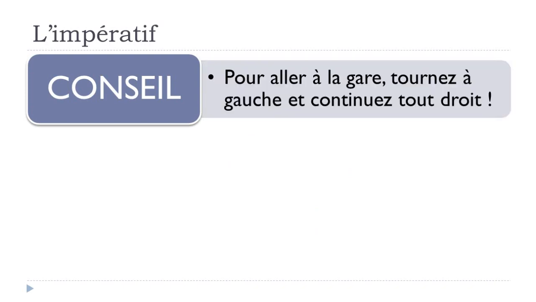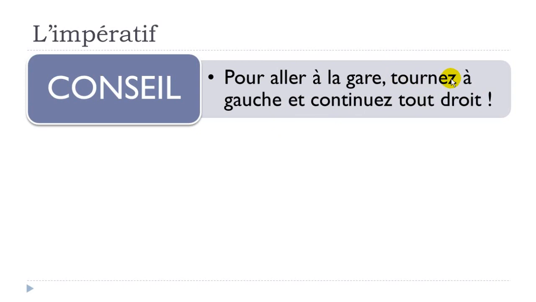Le conseil, so we've got this example. Pour aller à la gare, tourner à gauche et continuer tout droit. So to go to the station, aller is to go, la gare, the station. Pour aller à la gare, tourner, and that's our first imperative, à gauche, on your left, et continuer, continuer is to continue, tout droit, straight.